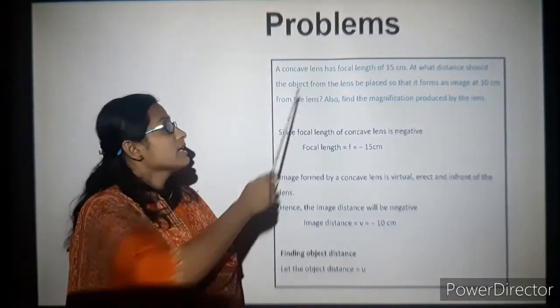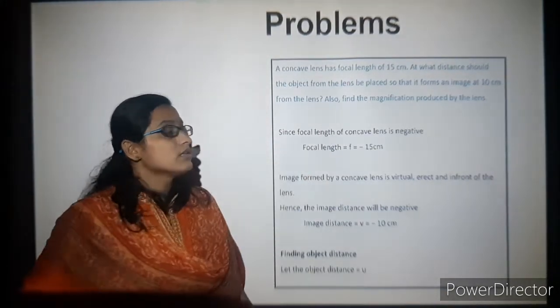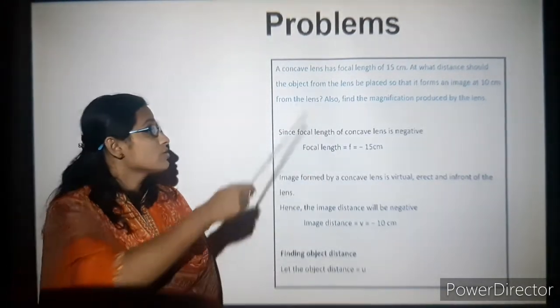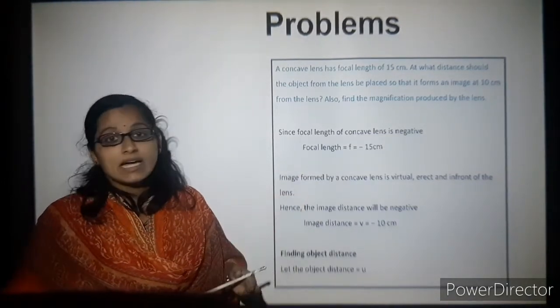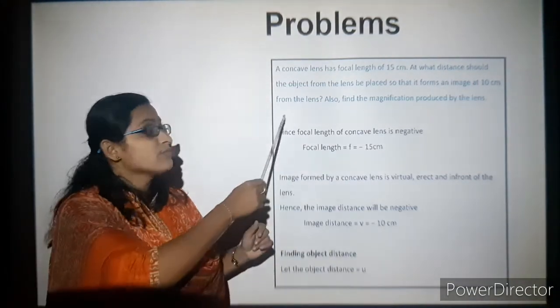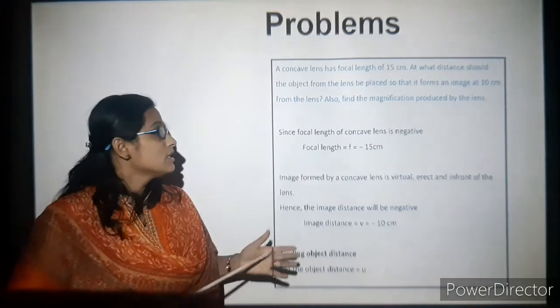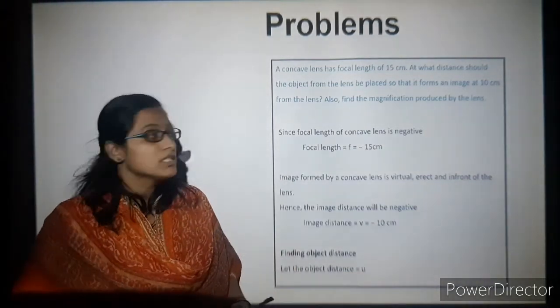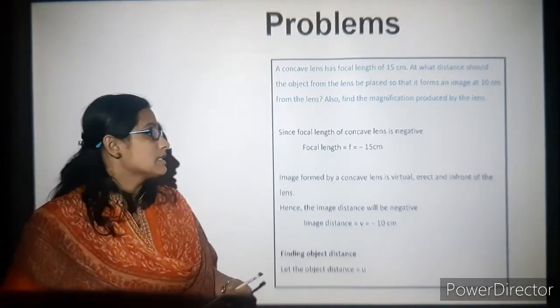A concave lens has a focal length of 15 centimeters. At what distance should the object be placed from the lens so that it forms an image 10 centimeters from the lens? What you need to find here is the magnification produced by the lens.